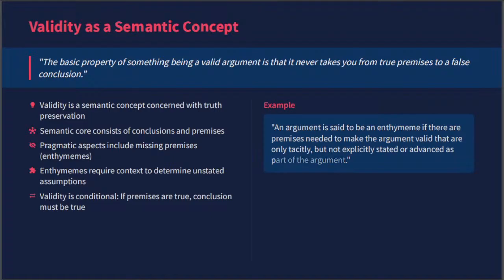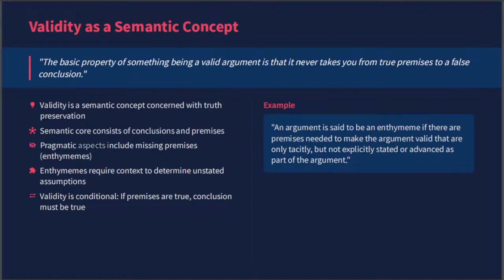So this is what we're trying to say here, that the context is needed to determine these unstated assumptions. The enthymeme. Validity is a semantic concept concerned with truth preservation. So the semantic concept is validity. It's not so much about the content as the semantic. So the semantic core consists of conclusions and premises.